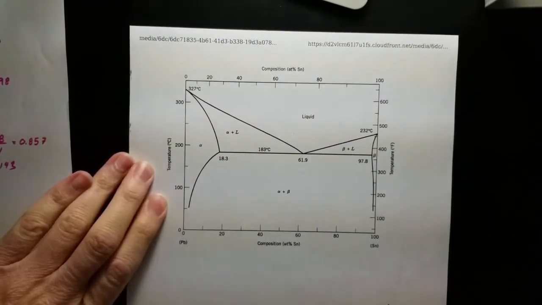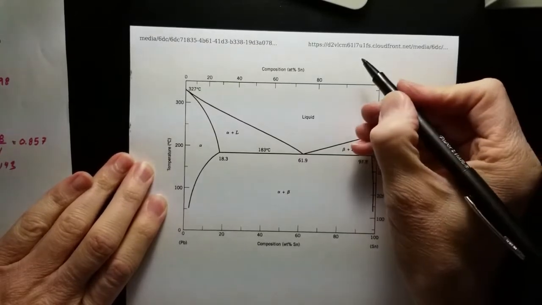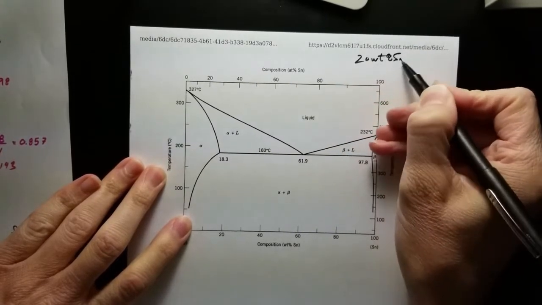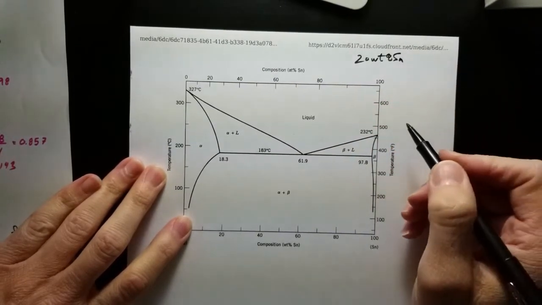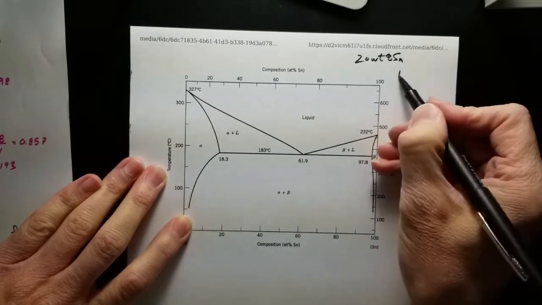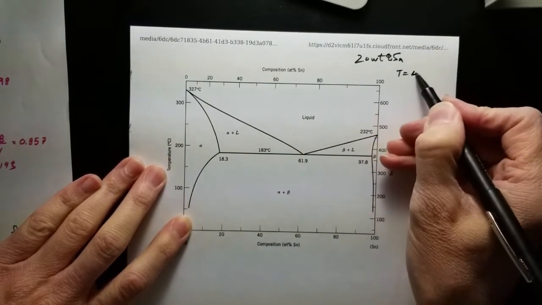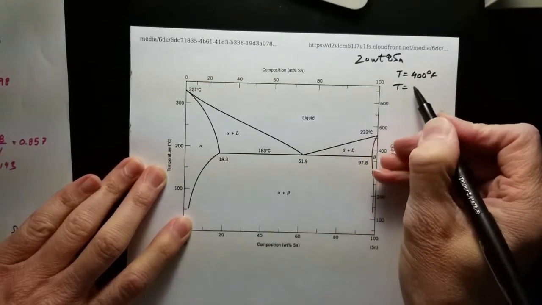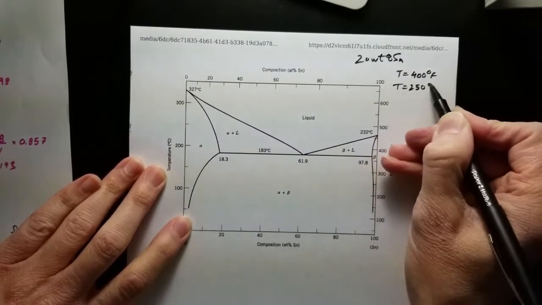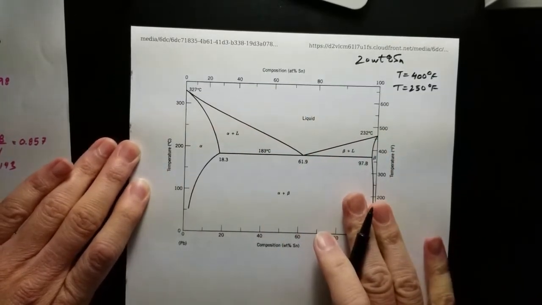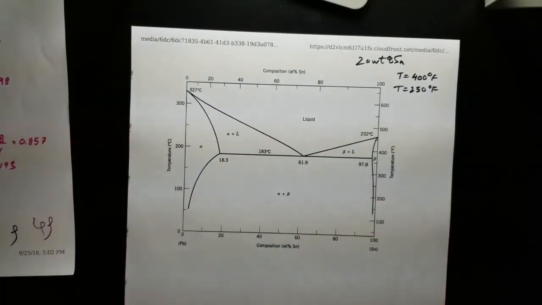And what I asked you to look at was 20 weight percent tin and to tell me the phase fraction, phase composition, and the approximate microstructure for T equals 400 degrees Fahrenheit and T equals 250 degrees Fahrenheit. So working with this, we're basically going to figure out where we are on the map.